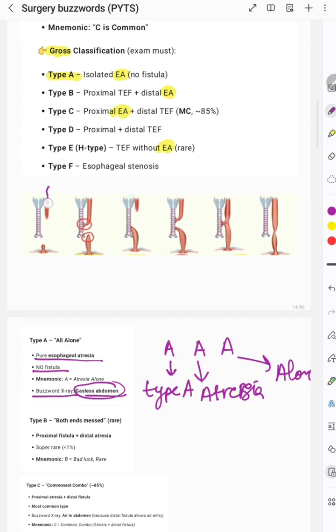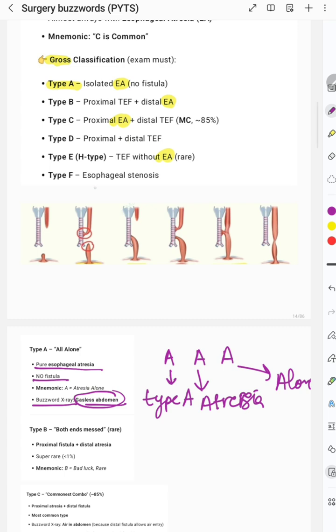You can see the esophagus is atretic, there is no fistula, air is entering from here, so no air is going inside the stomach, so it is gasless. Here also there is a proximal fistula, so the distal is atretic, so no air will enter from here to here, so that will also be gasless, but in the rest there will be gas present.